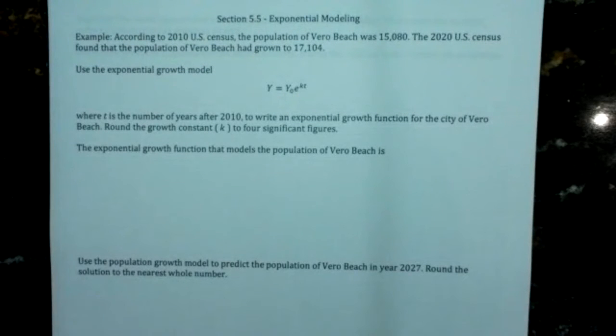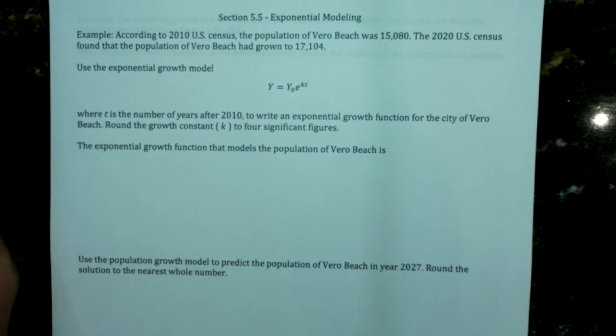According to the 2010 U.S. Census, the population of Vero Beach was 15,080. The 2020 U.S. Census found the population of Vero had grown to 17,104.